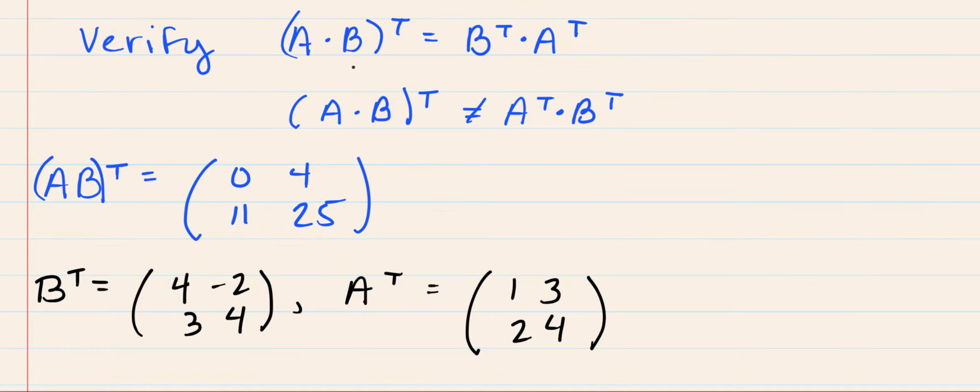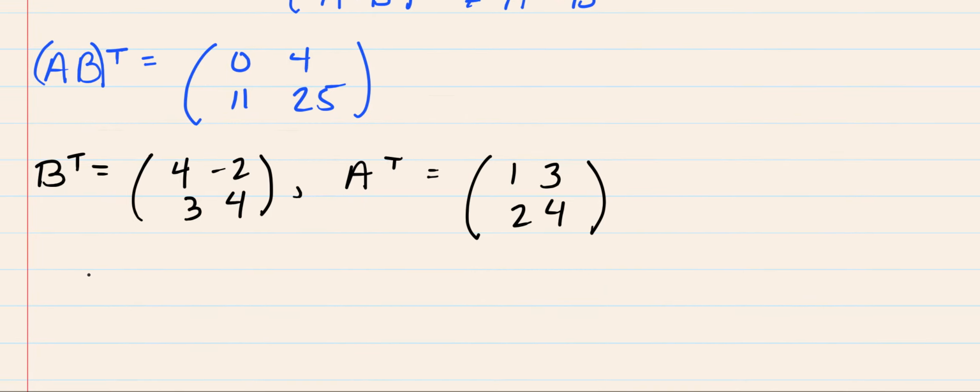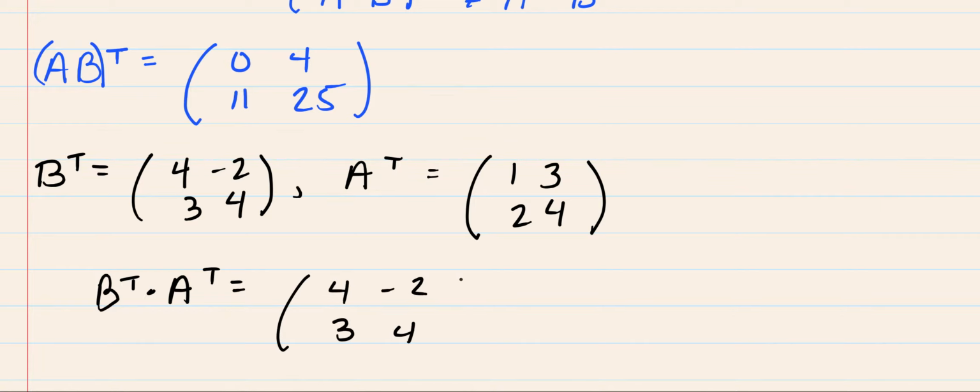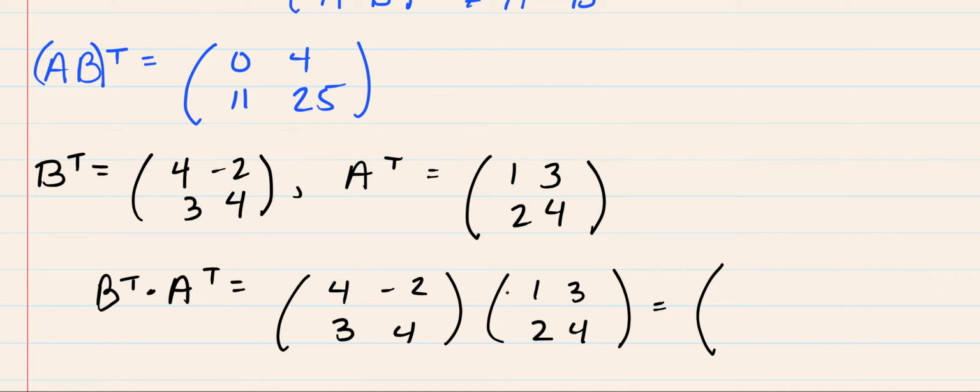And now we want to show that B transpose times A transpose is equal to this. So let's see if that's true. B transpose times A transpose is 4, negative 2, 3, 4, times 1, 3, 2, 4. So this is 4 times 1 minus 4, which is 0.